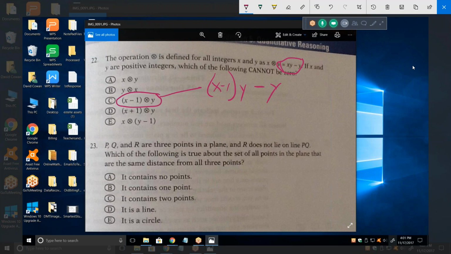Well, is that possible? Well, that means x minus 1 times y minus y. So I have x minus 2y. Can that be 0? Yeah, not too tough. All x has to do is be twice y, and that's 0. Why is it x minus 1?